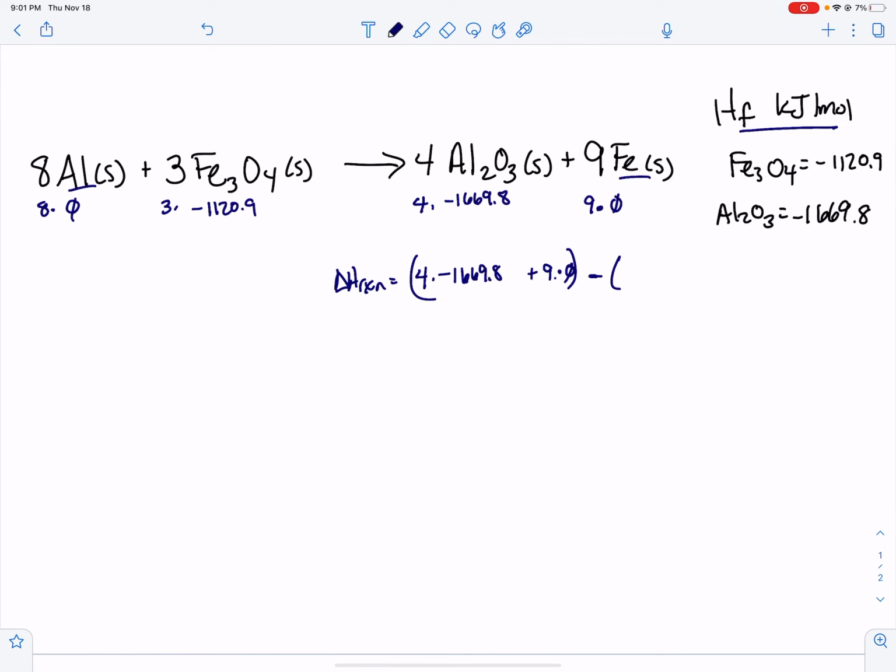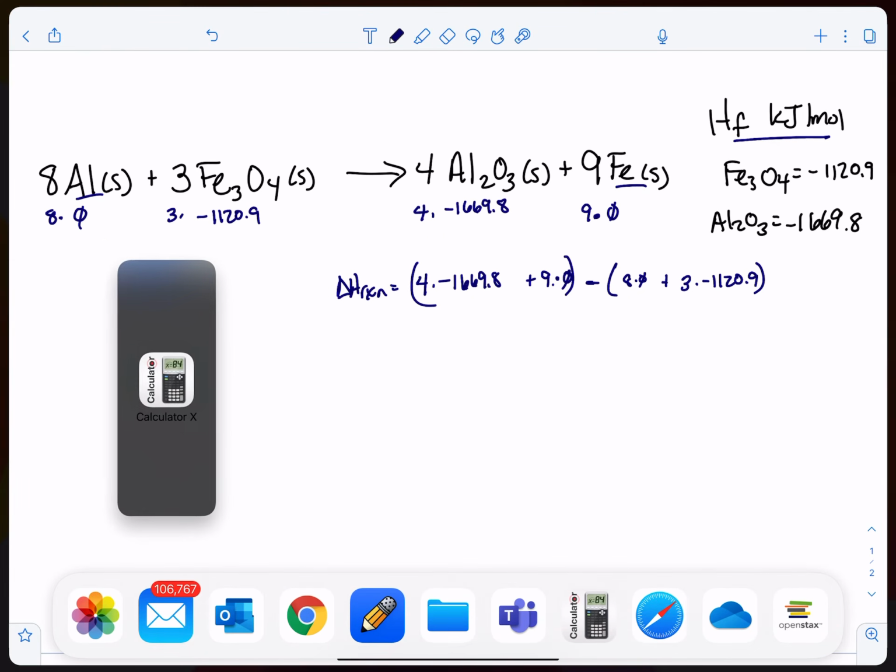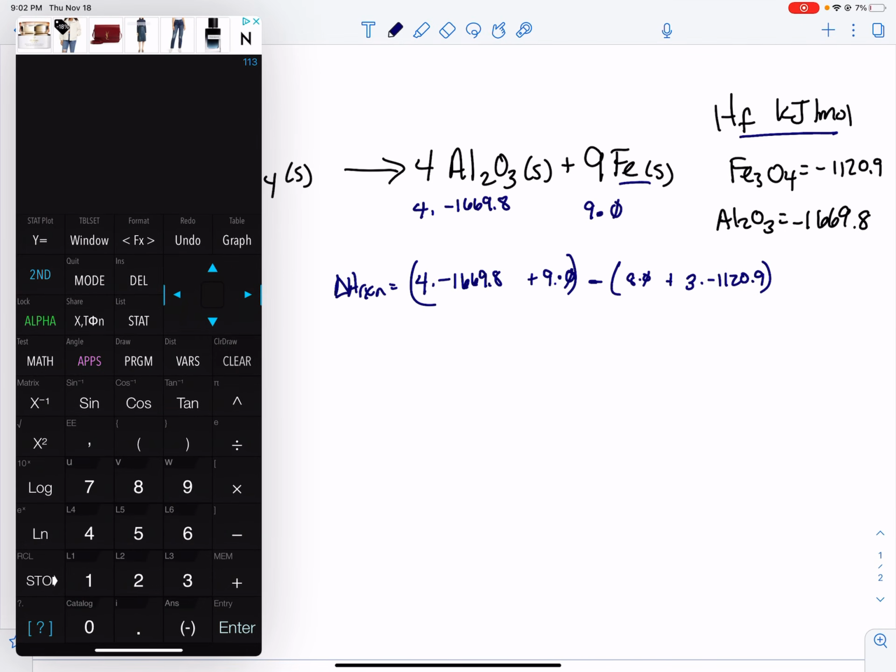Minus, parentheses, 8 times 0, again, that term doesn't matter, plus 3 times negative 1120.9. Then we say 4 times negative 1669.8, and that's plus 0, minus parentheses, 3 times negative 1120.9.